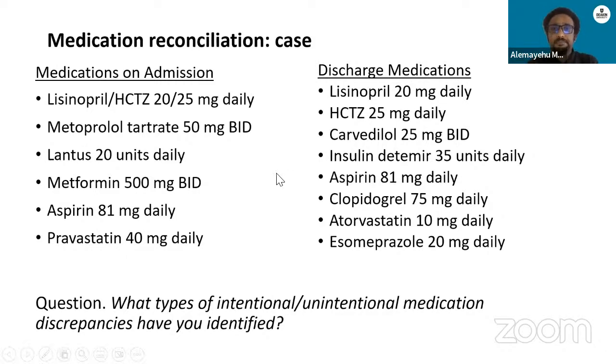Be reminded, the medication reconciliation is being conducted at discharge. That's why I put discharge medications here. I'm imagining the medication reconciliation is now being conducted at the level of discharge.